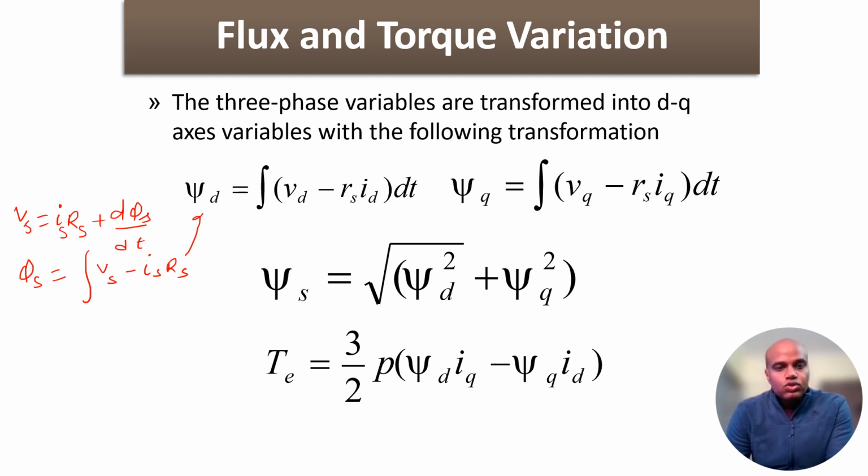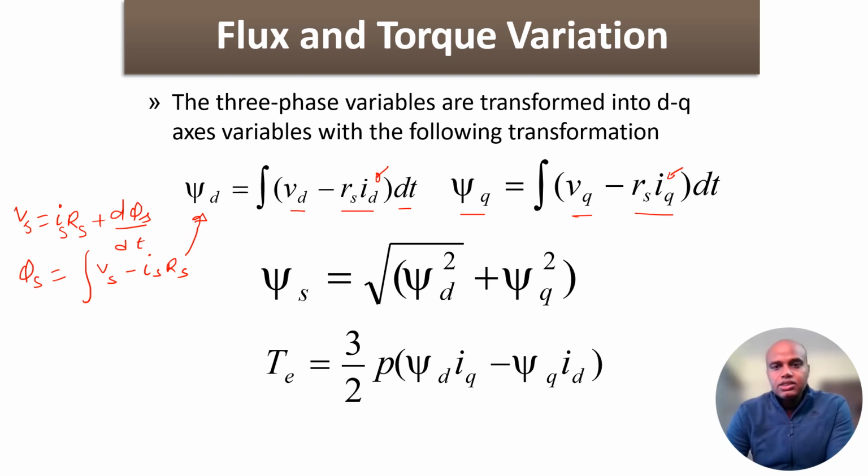So this expression is being used over here, and it has been shown in the DQ frame. So this psi d is nothing but the direct axis flux, where the direct axis voltage Vd minus Rs into the direct axis current has been taken into account, integrated over dt, and similarly the q axis flux is equal to the integration of the q axis voltage minus Rs times the q axis current, dt.